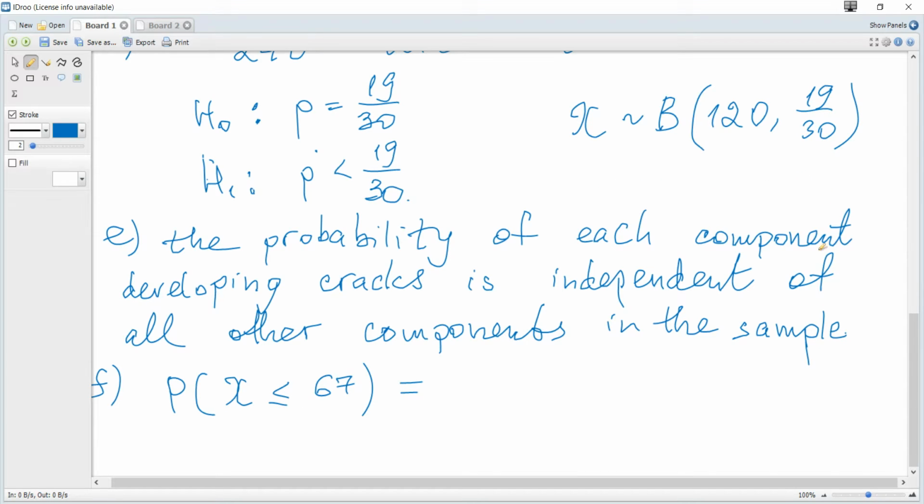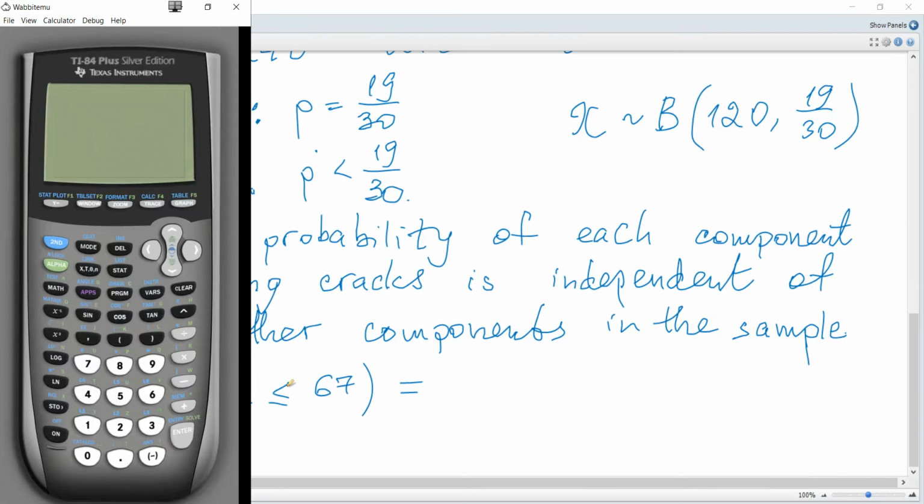It's quite easy. Since it's less than or equal, we use binomial CDF, or you may use, if the calculator allows, a lower bound of 67 and upper of 120. We need binomial CDF, not PDF. PDF is when X is one specific value, CDF is less than or equal.